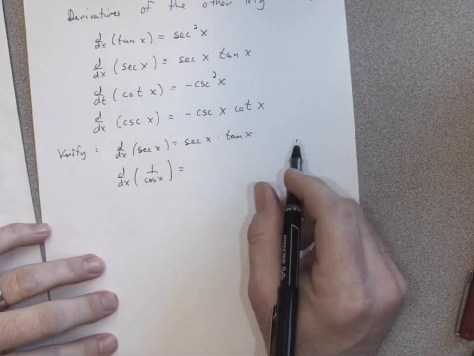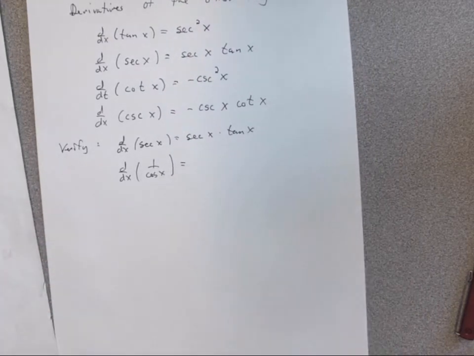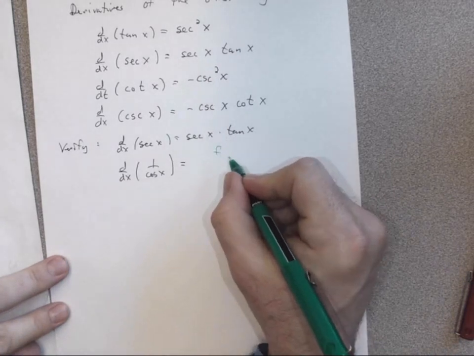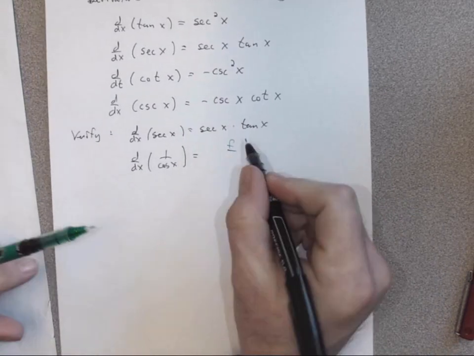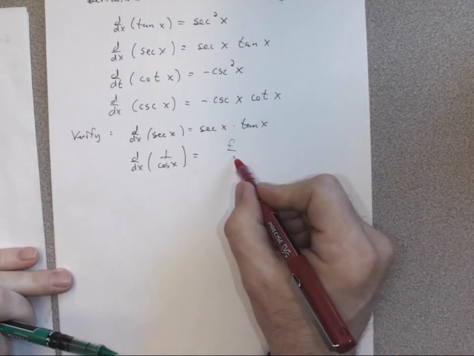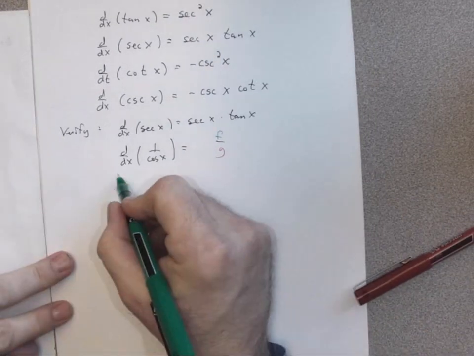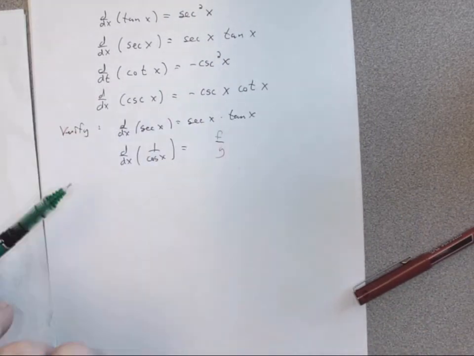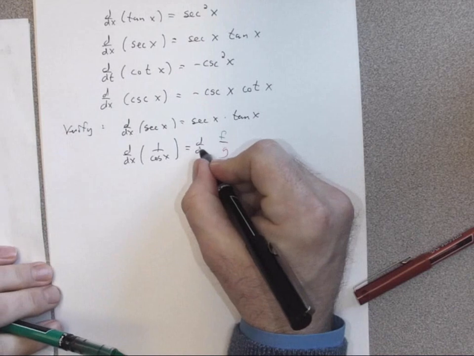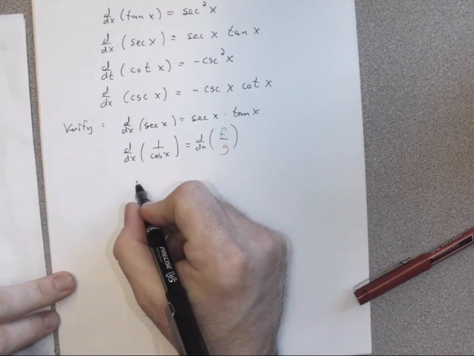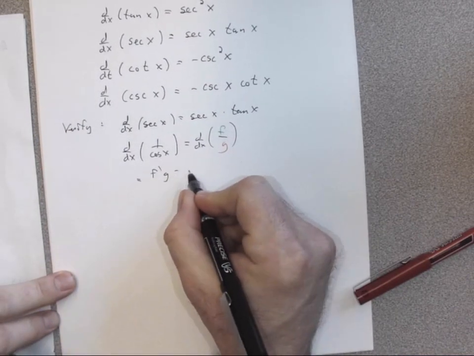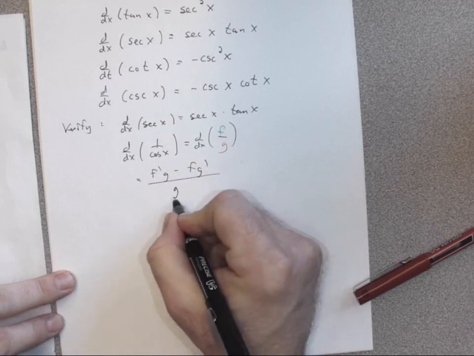We have an f over g, so we have an f divided by g. So when we do this, this is going to be equal to f prime g minus fg prime all over g squared.